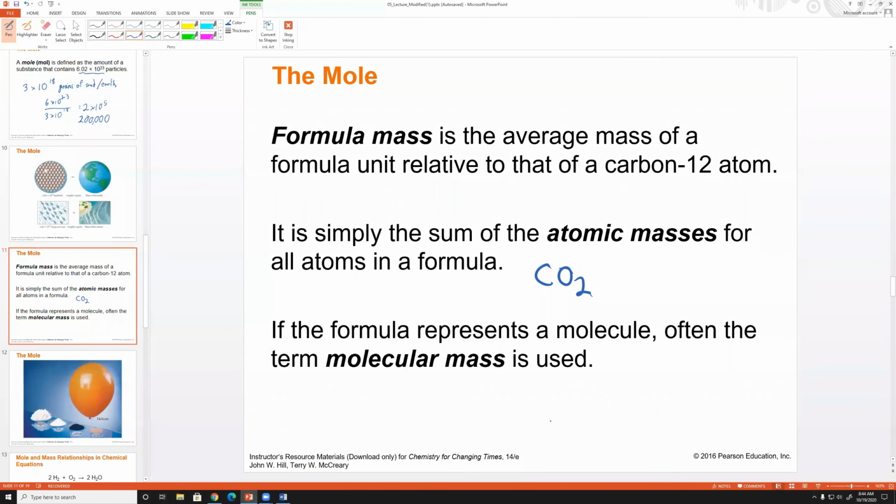The way to calculate it is you simply add up the elements' masses. So carbon's 12 plus 2 times 16. 16 is for the oxygen, and there's 2 of them. And this equals 44 grams per mol.